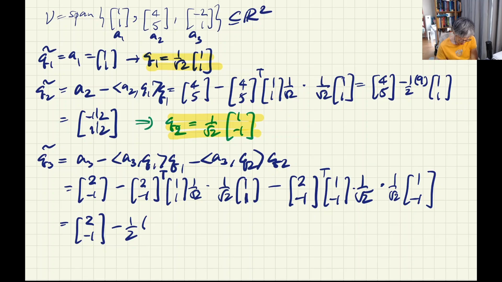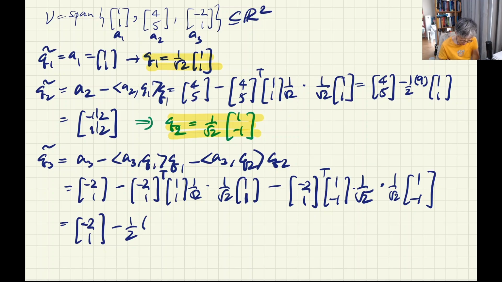Oh, sorry. This is supposed to be (-2, 1). Let me just change that: minus 2 and 1.